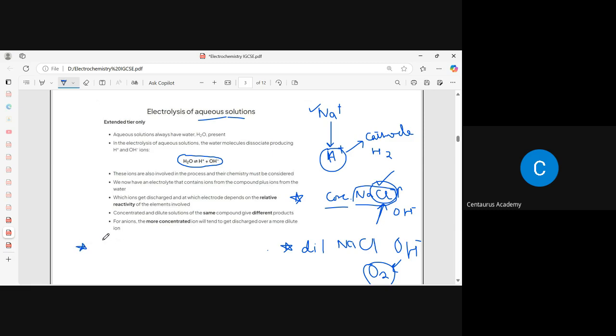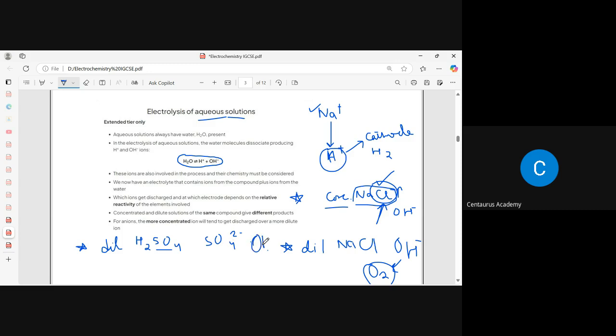Now look into another one. For instance, I say that you have dilute sulfuric acid, H2SO4. So this means that you have the anions, sulfate and hydroxide.